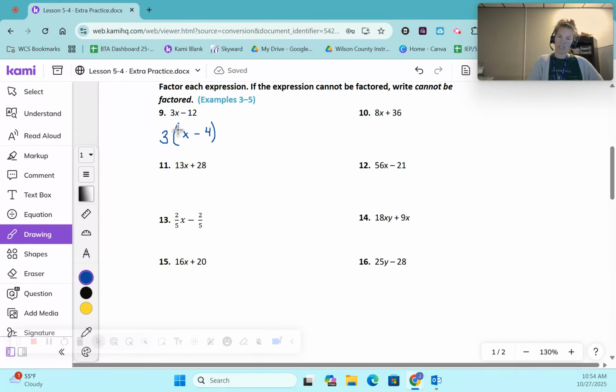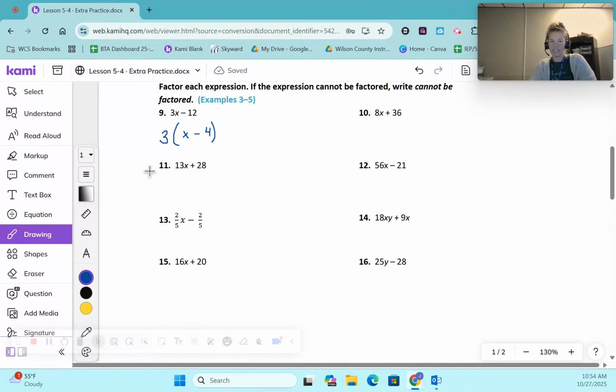So your new expression with the GCF factored out would be 3 and then parentheses x minus 4.